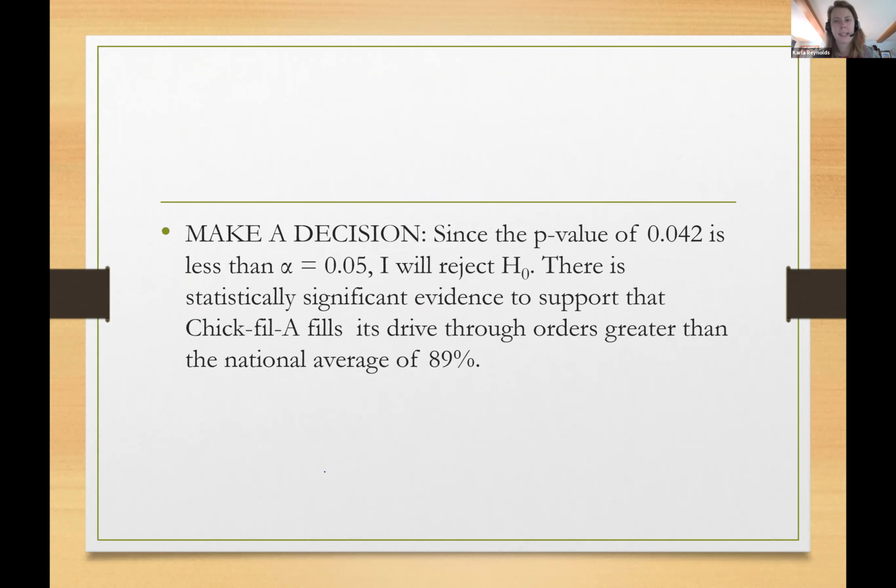So we can say, since the p-value is less than the alpha value, I will reject the null. And there is statistically significant evidence that the Chick-fil-A drive-throughs fill their orders correctly greater than the national average.